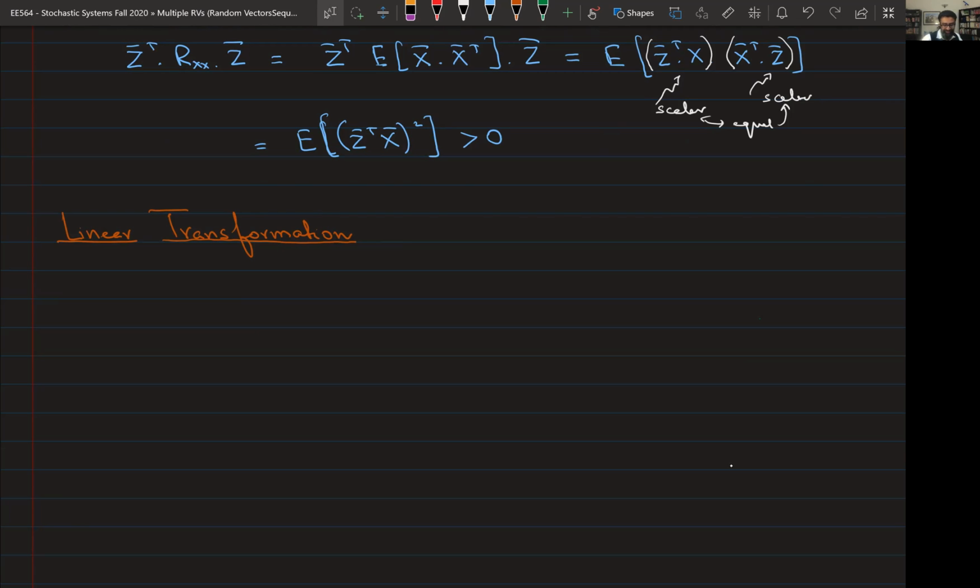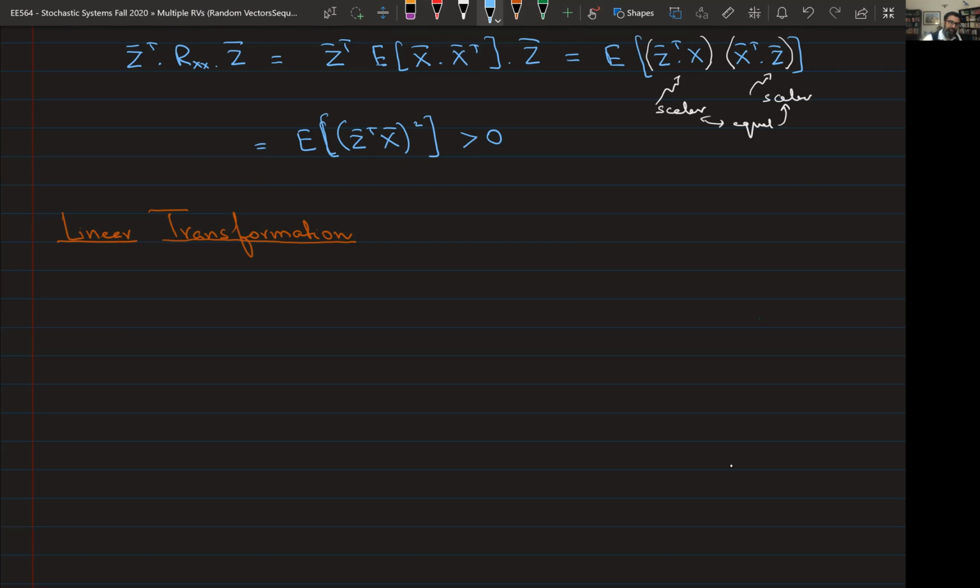All right. So linear transformation. We have 3 minutes, so I'm just going to introduce a topic and then complete it next time around. I have a random vector x of dimension n cross 1.